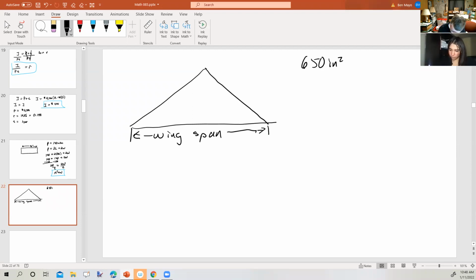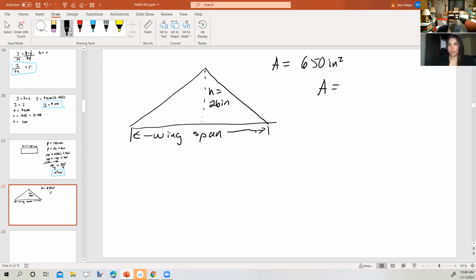If its height is 26 inches, so this would be the height, what is the wingspan? Okay, so we're told that the area is 650 square inches because it says that's how much cloth, nylon cloth they used.